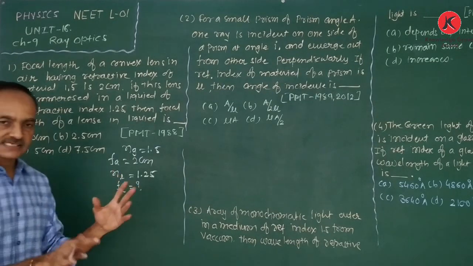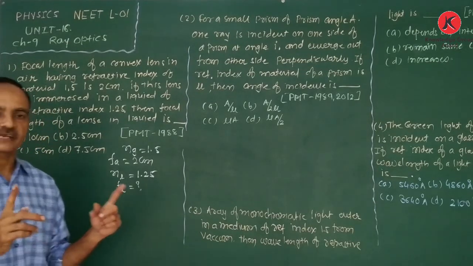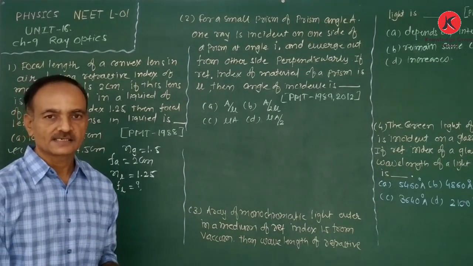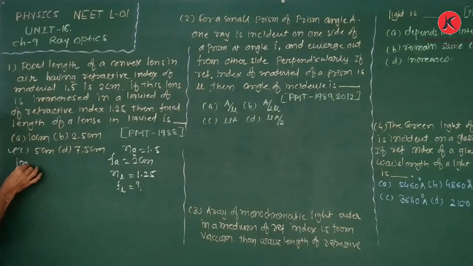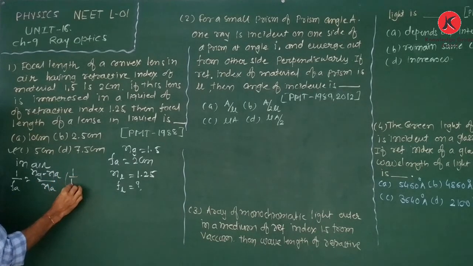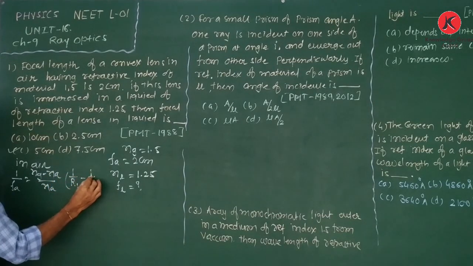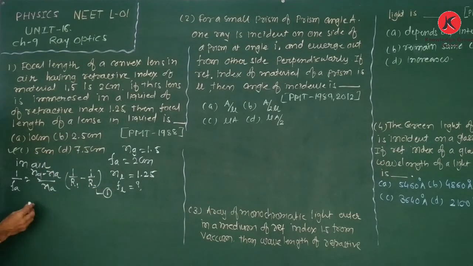Here for the convex lens, the radii of curvature are not given. So we use the lens maker's equation. From the lens maker's equation, in air medium, 1 upon Fa is equal to (Ng minus Na) upon Na into (1 upon R1 minus 1 upon R2). That is our equation 1 in air.